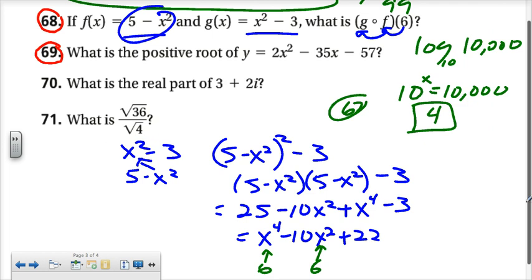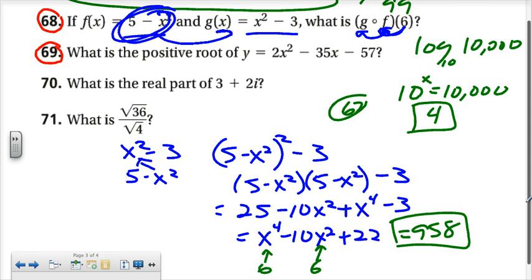So that is 958 for number 68. Again, if it's a multiple choice problem on a test, then put the 6 into f, get an answer, and then take that answer and put it into g of x. You'll get the exact same answer there for 958.